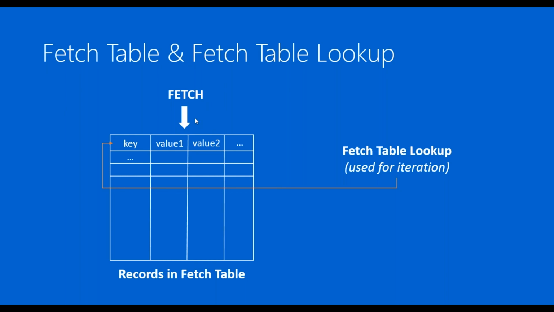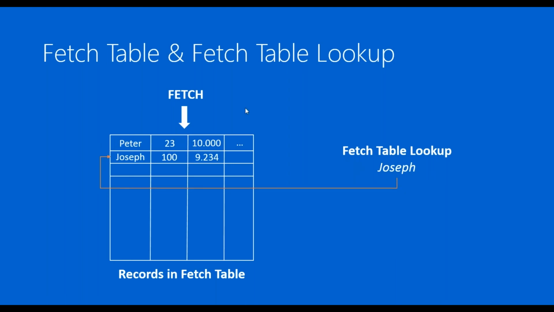Basically, the fetch table requires a fetch, basically an entity which you want to display in here, and the records will be stored in the memory in a table-like structure, which has a key and a couple of values. If you want to access these records from the fetch table, you have to use fetch table lookup and specify the key.